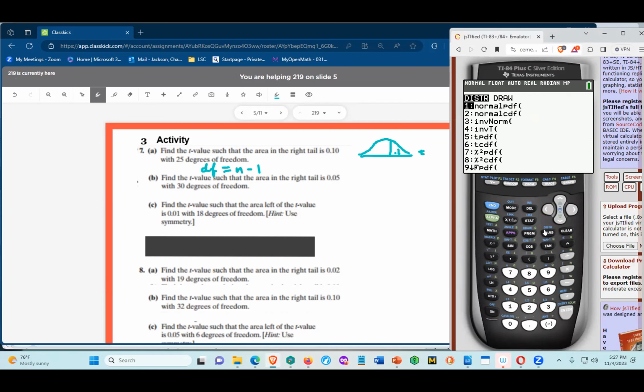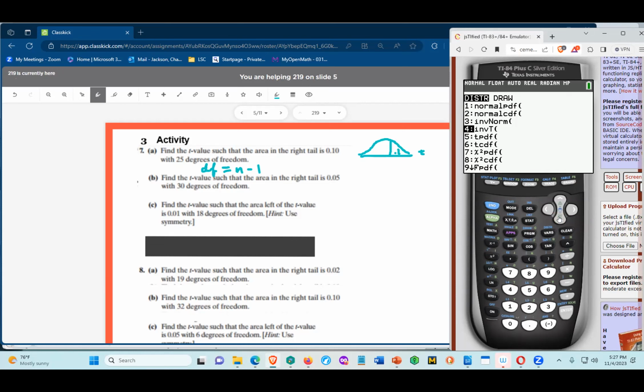we've used this before. We've used normal PDF and normal CDF, and that takes z-scores and gives you an area. Then there's inv norm, which takes an area and gives you a z-score. Now what we need is inv t, which takes an area and gives you a value of t.